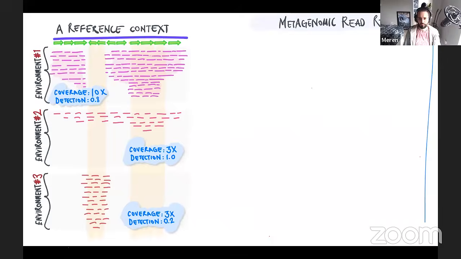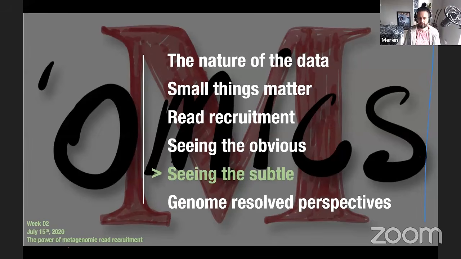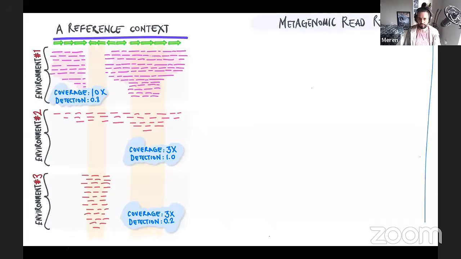All right, so now let's move on to seeing the subtle through metagenomic read recruitment. As I mentioned, we talked about how we can detect the prevalence or even abundance in some cases, although I would really like to take a couple of minutes sometime next week to discuss how it is nearly impossible to talk about quantities through omics data.